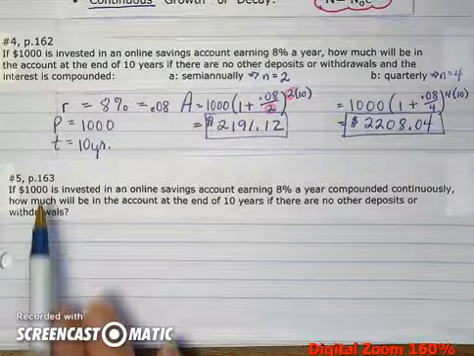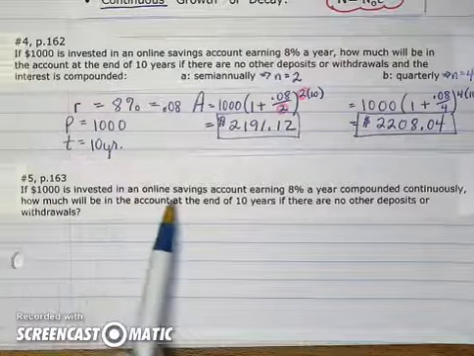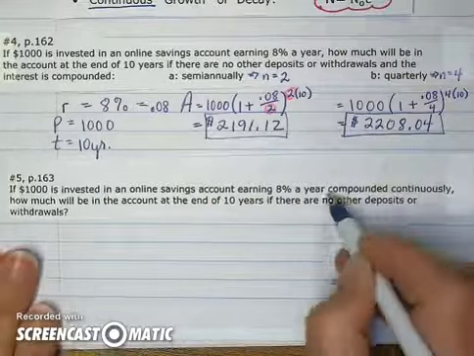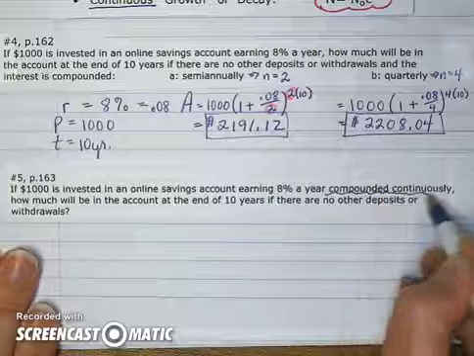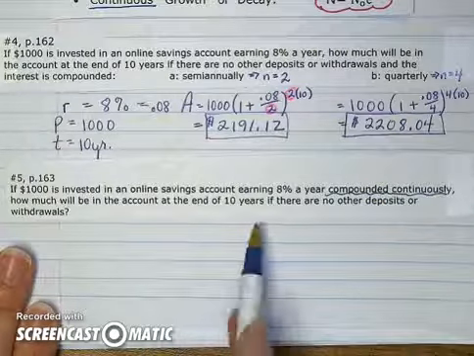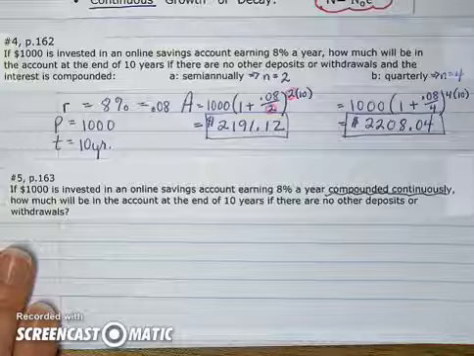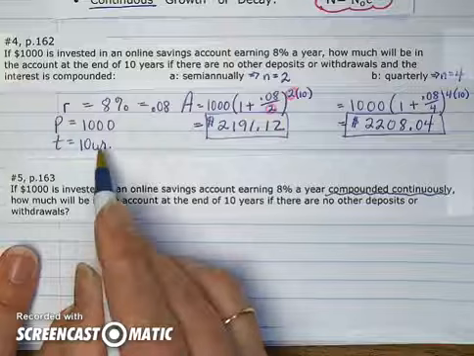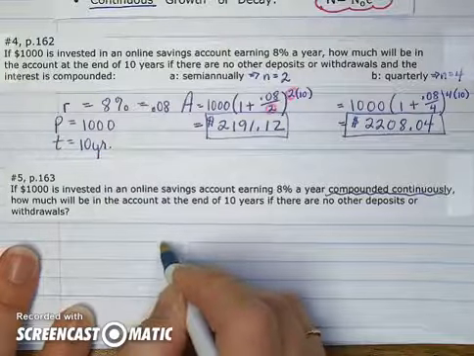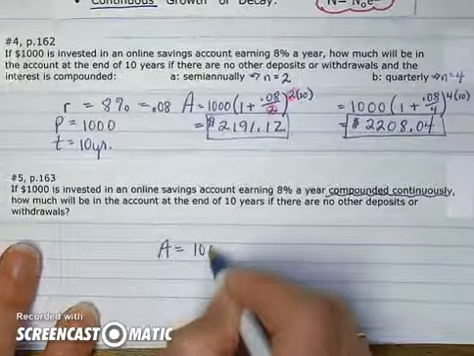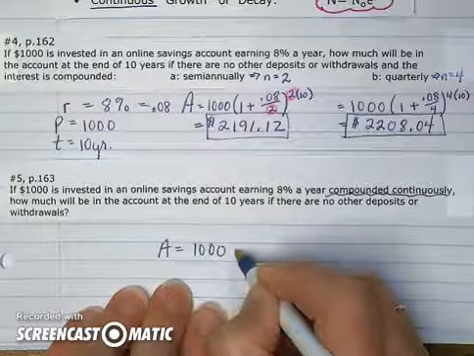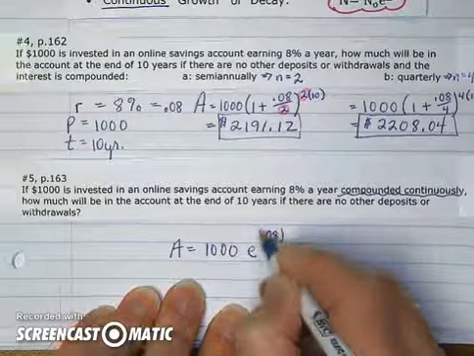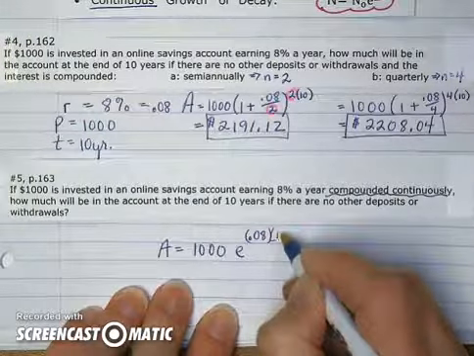If you have $1,000 invested in an online savings account earning 8%, again, compounded continuously, that's your clue. How much will the account be at the end of 10 years if there are no other deposits? Now we're going to use the PERT, right? So we still have all the same information, but now we're going to start with the $1,000, our initial amount, and we have E raised to the rate, which is 0.08, times the number of years, which is 10.